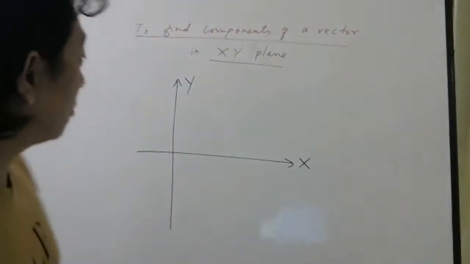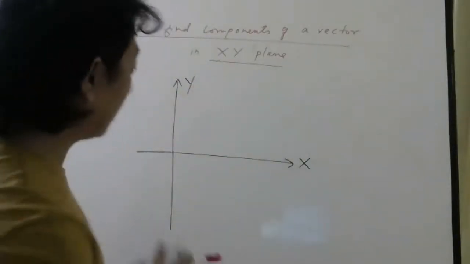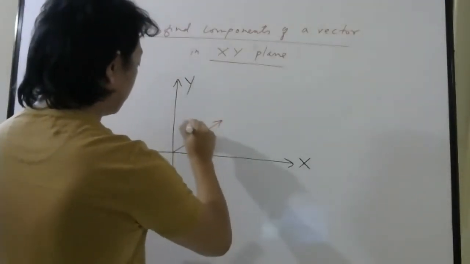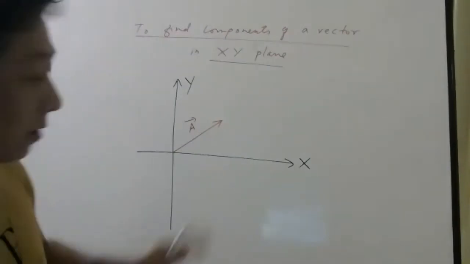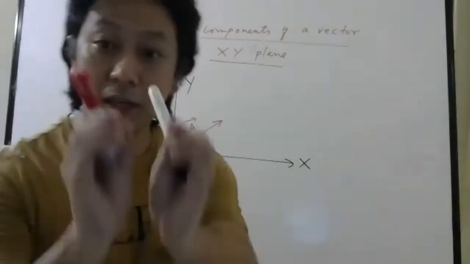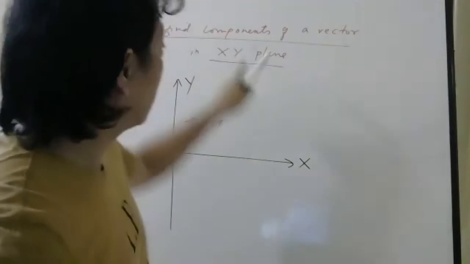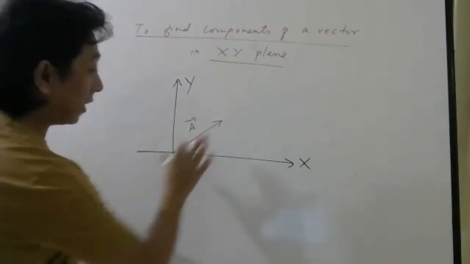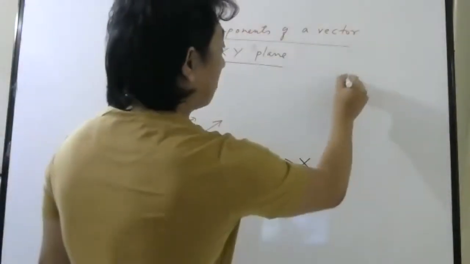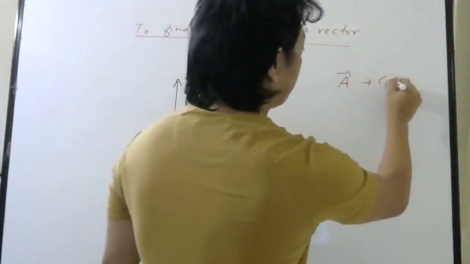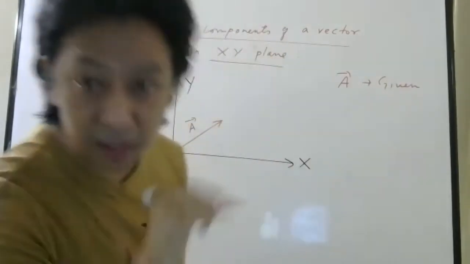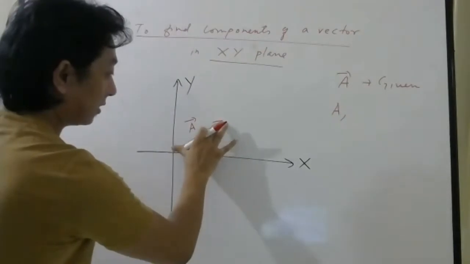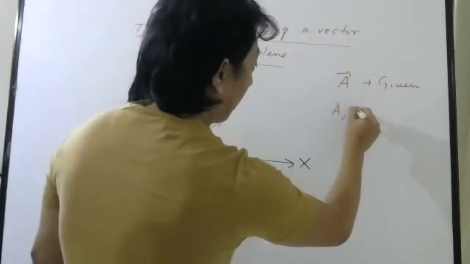Now in this xy plane, let us imagine there is a vector a bar. Now a bar is given to you. You have to find components of this vector a bar. When I say a bar is given, it means magnitude of a bar is given, this length is a, and angle will be given.